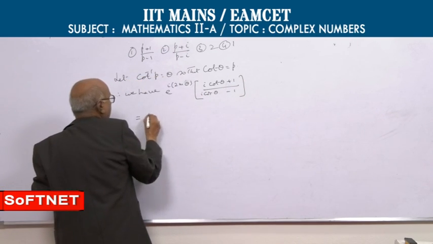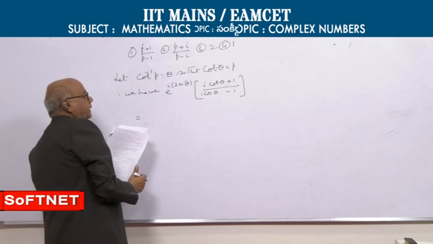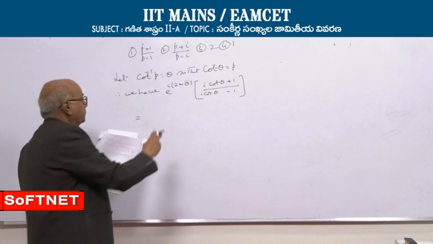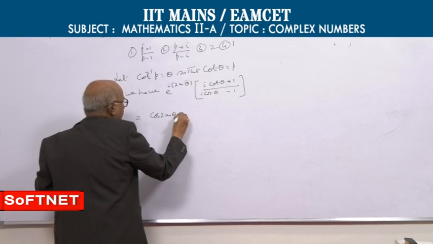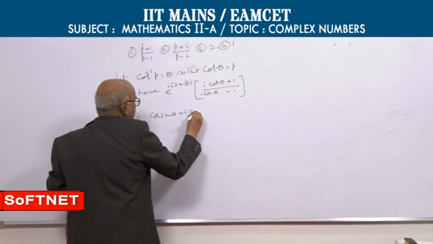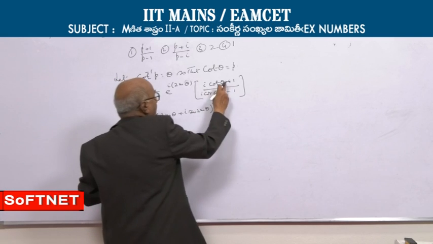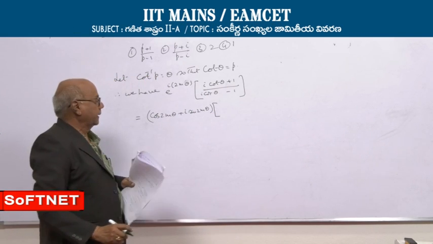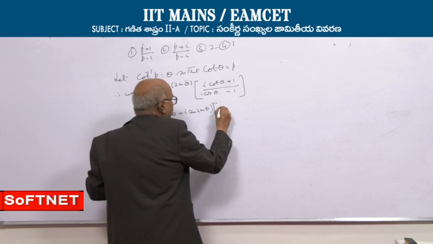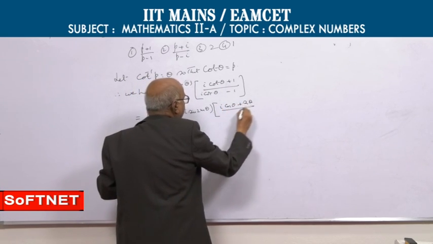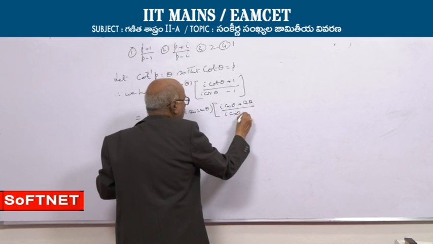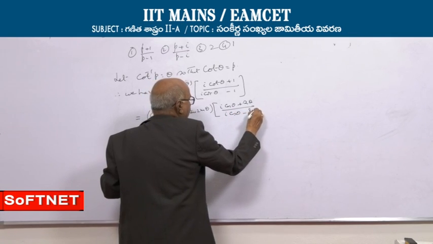And you know that e power I theta means cos theta plus I sin theta. So this is cos 2m theta plus I sin 2m theta into, now write cot theta as cos theta by sin theta, so that is (I cos theta plus sin theta) by (I cos theta minus sin theta).